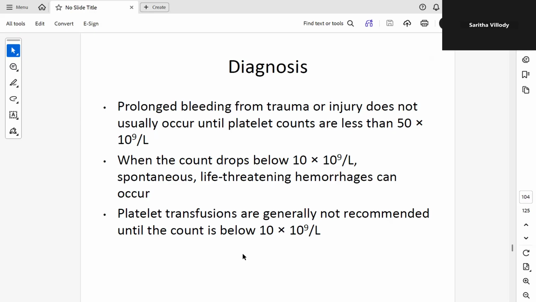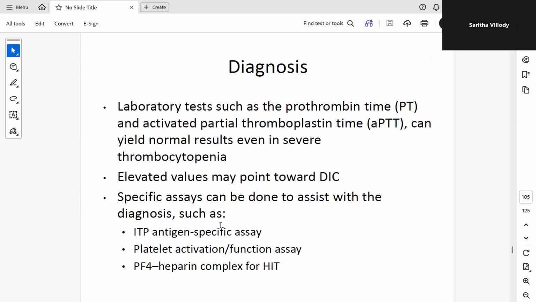But as per their guidelines, at 10 or below they should get platelet transfusion. You don't have to wait until it's 10. If they have a platelet count of 30 and are having hematuria or any signs of bleeding, we might administer platelets. But it's just a guideline set by the blood bank so that we don't misuse the blood products.